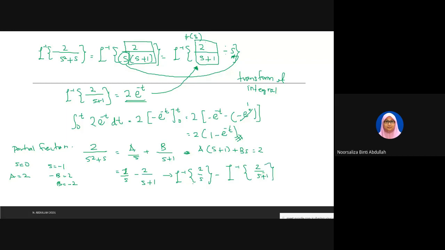So inverse of 2 over S is actually 2, minus this one, 2 over S plus 1 is actually 2 exponent minus T. So kalau you rearrange balik equation ni, dia samalah. Jawapan akhir memang akan sama, method saja yang lain.